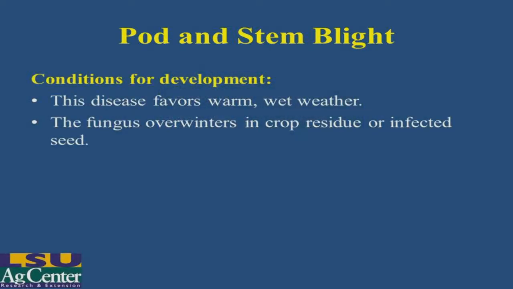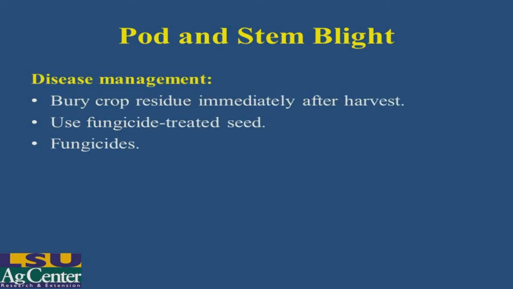As far as conditions for development, the disease likes the warm, moist weather that we have many times toward the end of the season. The fungus will overwinter in the crop residue or on infected seed. That being the case, with our disease management, we need to bury the residue immediately after harvest.